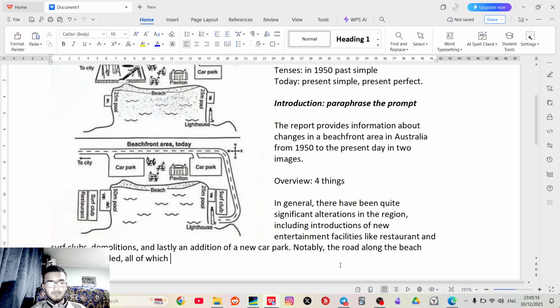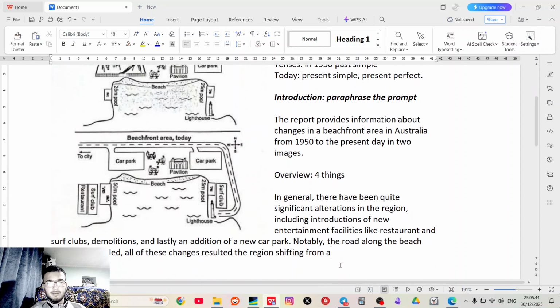All of these changes resulted in the region shifting from a basic beachfront area to a more user-friendly and built up one.